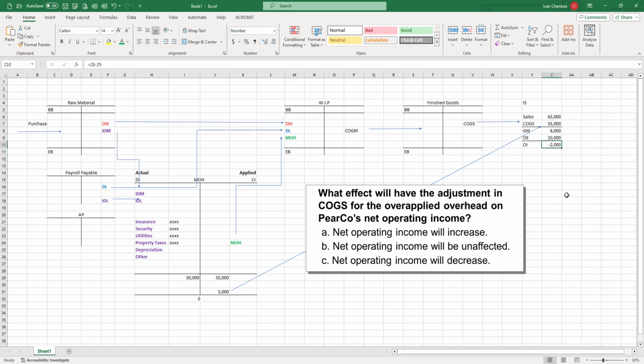It will increase. Make sense? If I reduce this number to adjust the actual to 50,000, operating income is going to go up. So what will be the answer here? A. Now, can you see it as A?